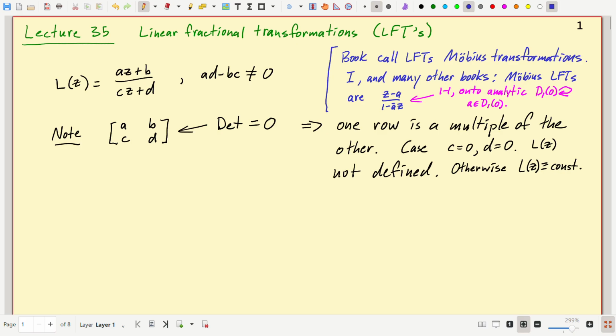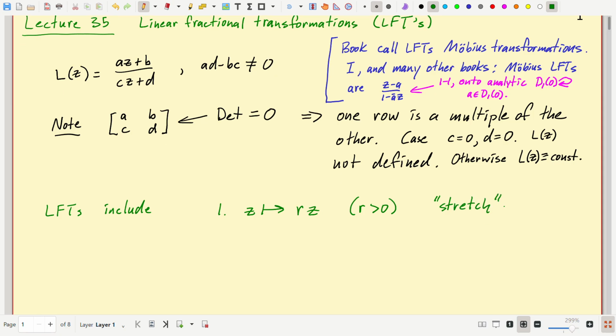Okay, I'll use my convention and call them linear fractional transformations. When you think about it, linear fractional transformations include these basic maps. Number 1, z goes to r times z, where r is real. I call that a stretch. All that does is stretch space by a factor of r.